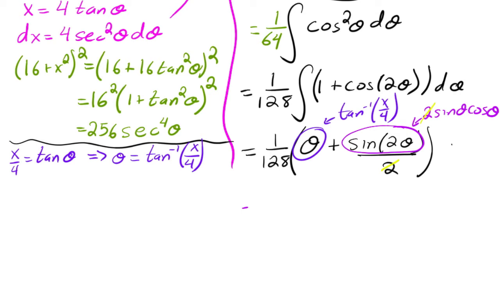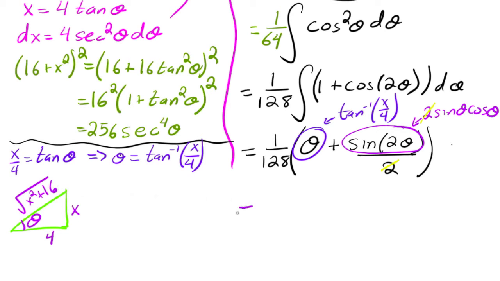But this is the case where you have to do the triangle, because we have our theta here. Since we know that tangent of theta is x over 4, I have x over 4 right here. And then the hypotenuse is going to be the square root of x squared plus 16.